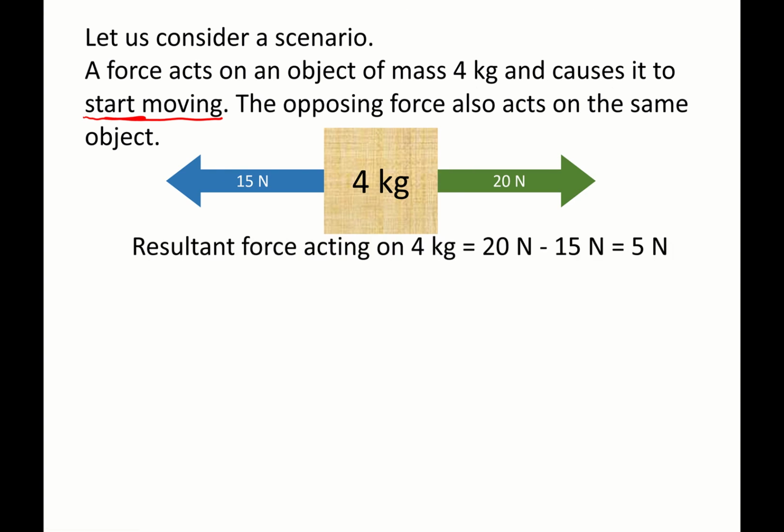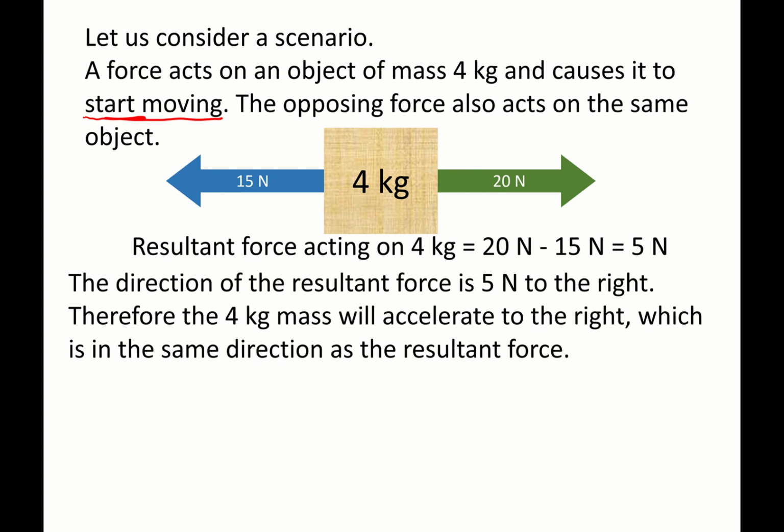The resultant force acting on the 4 kilogram mass equals 20 newtons minus 15 newtons equals 5 newtons. The direction of the resultant force is 5 newtons to the right. Therefore, the 4 kilogram mass will accelerate to the right, which is in the same direction as the resultant force.